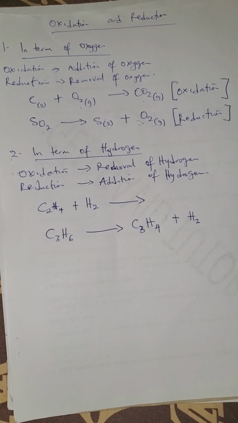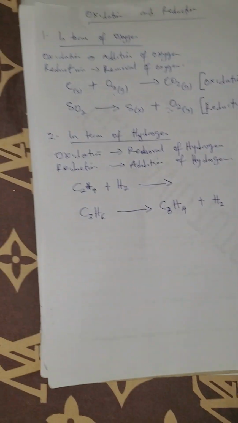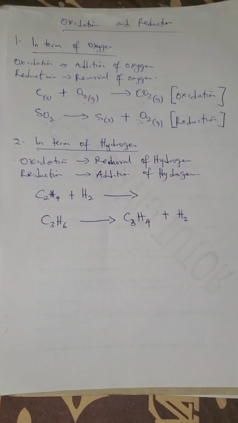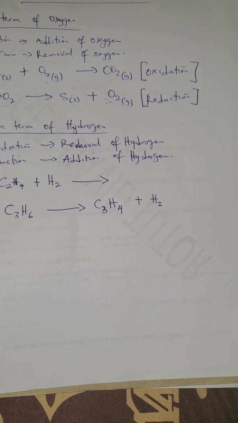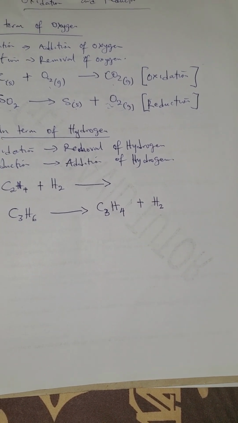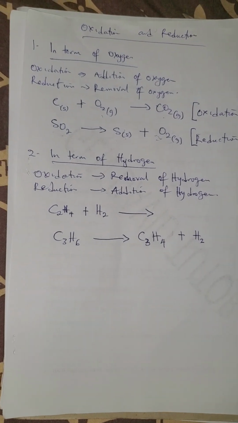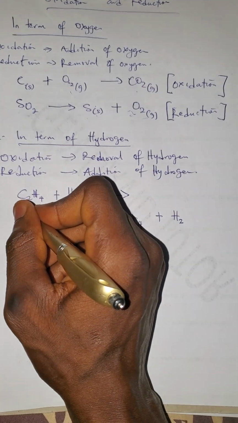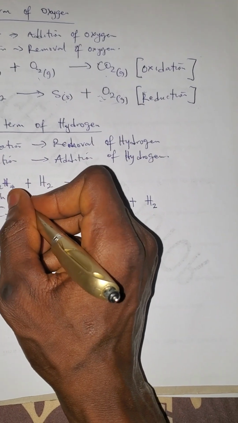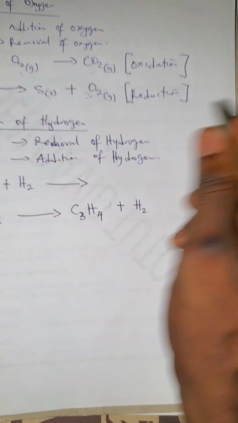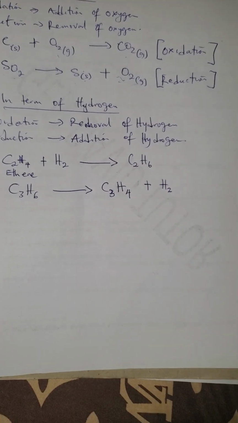That's 3 times 2, that's 6, minus 2, that's 4. If there is addition of H2, this one will give us C2H6.